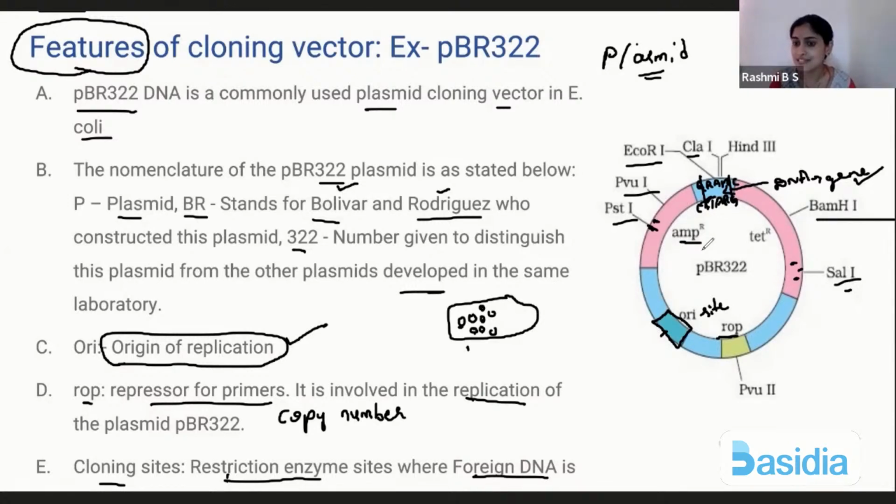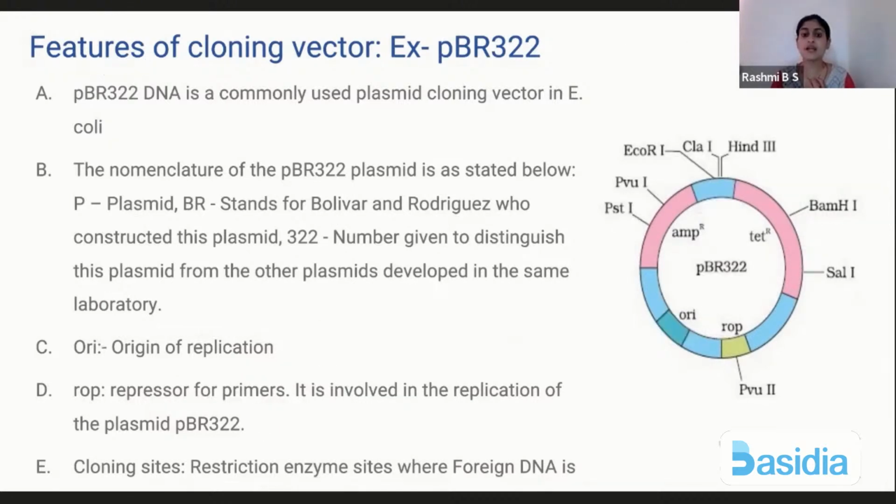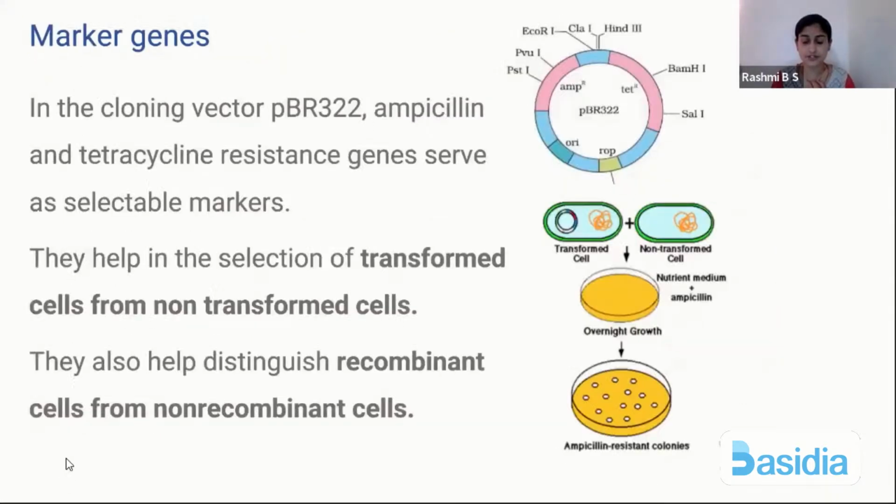AMP, ampicillin resistance. TET, tetracycline resistance. What are these? These are also characteristics of the plasmid. Let us study. Let me take you to the next slide where I can explain this concept in a better and clearer way.